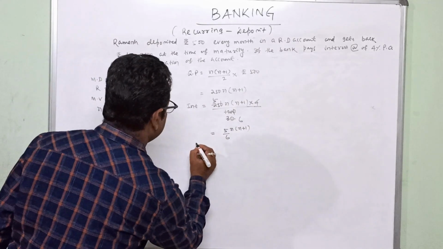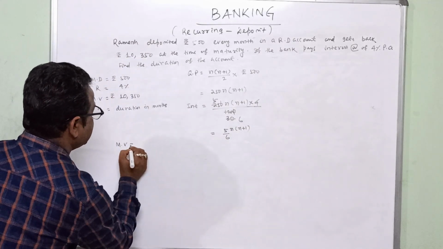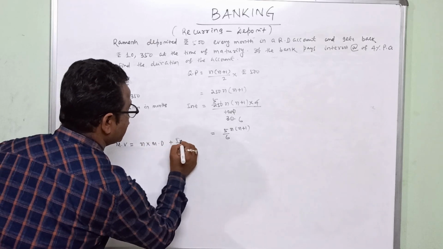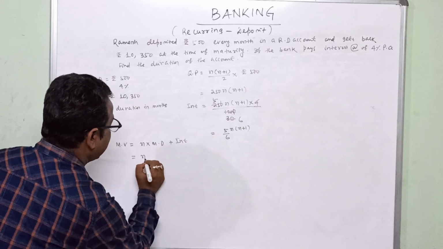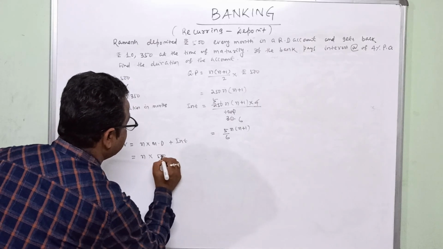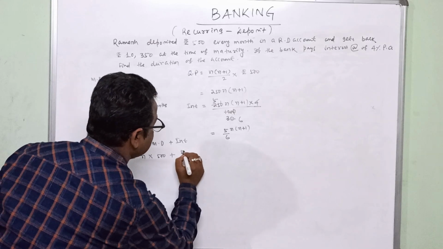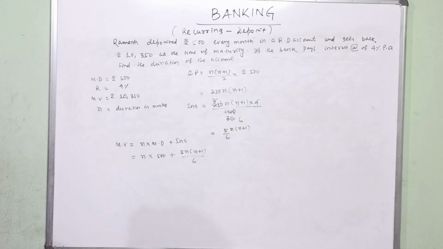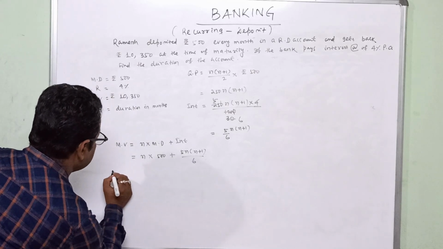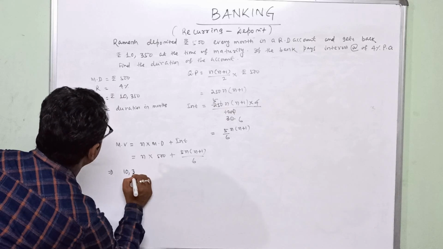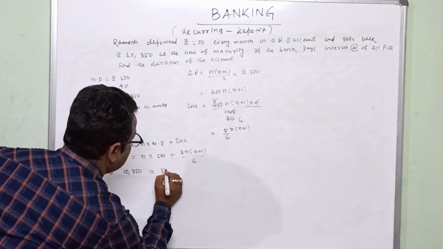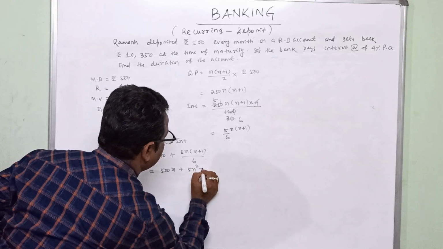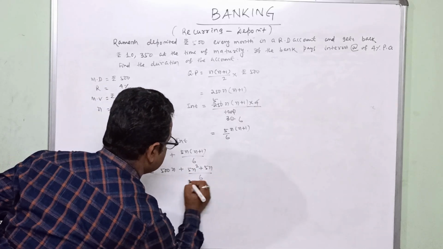Now maturity value MV is equal to n into MD plus interest. That is equal to n into 500 plus 5n into n plus 1 by 6. Maturity value is given 10,350. That implies 10,350 is equal to 500n plus 5n square plus 5n by 6.